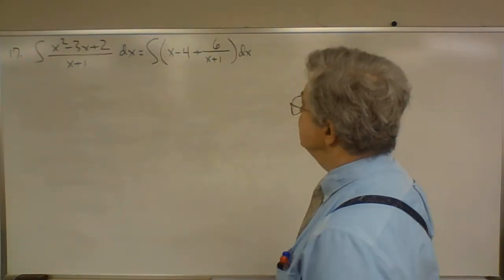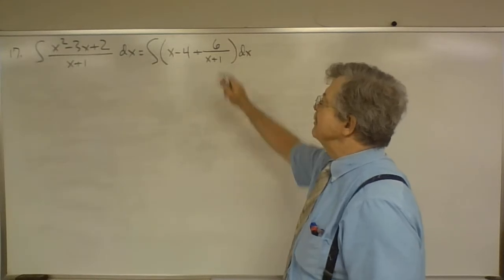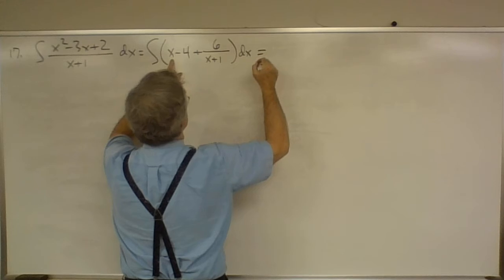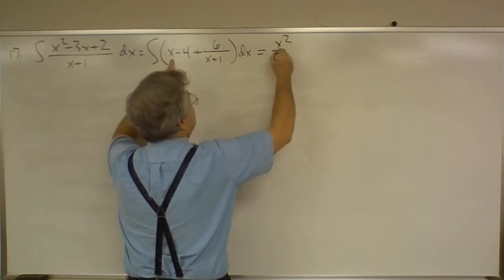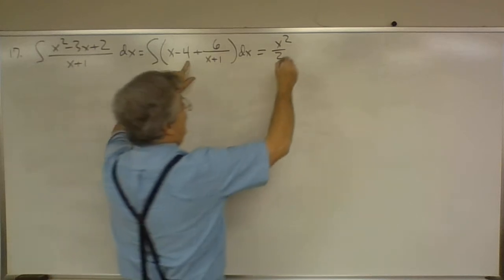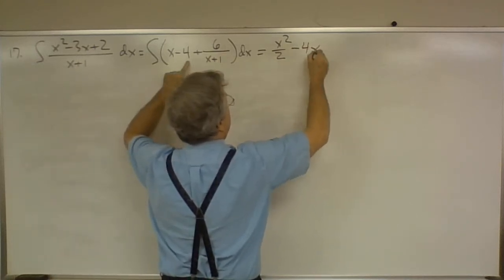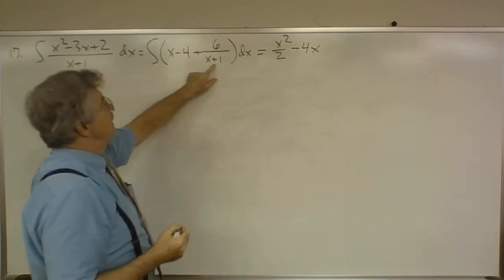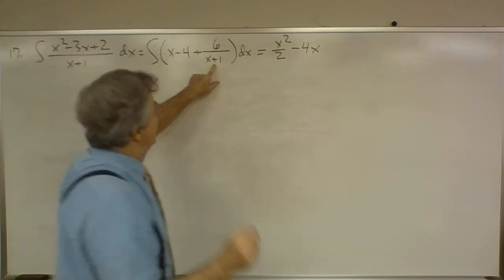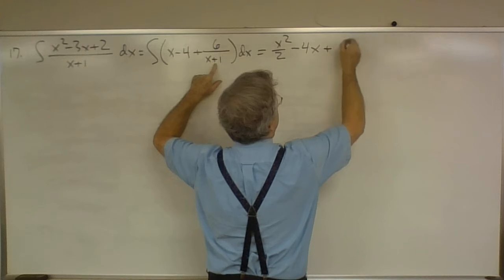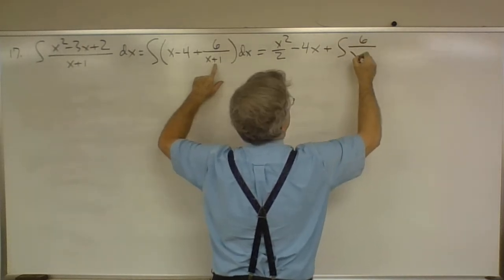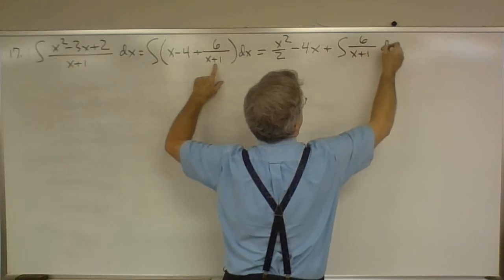Okay, so this is what we're actually computing the antiderivative of. Antiderivative of x is x squared over 2. Antiderivative of negative 4 is negative 4x. Antiderivative of, this is a quotient. You know what? I think I'll delay this computation until the next step.